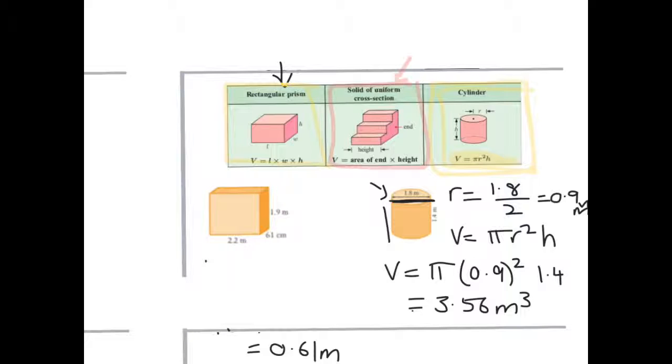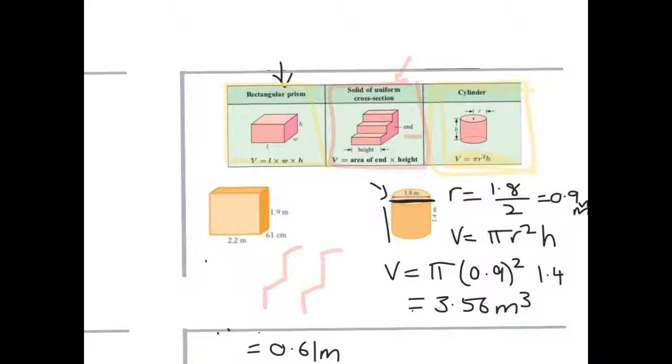Imagine that if you see one of the ends here, if you cut this shape up, you would still always get this shape at the end. And so that tells us it's got a uniform cross-section. When we cut it in different bits, it's the same.